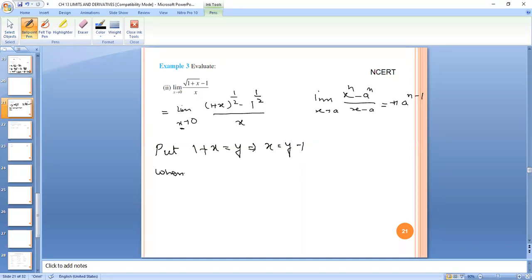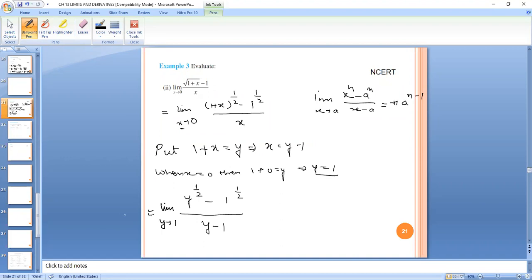When x is equal to 0, then 1 plus 0 is equal to y, which implies y is equal to 1. So now we are changing the whole term to y. 1 plus x is y, so I am writing y power 1 by 2 minus 1 power 1 by 2 as it is, x is replaced by y minus 1, and the limit is replaced by limit y tending to 1.